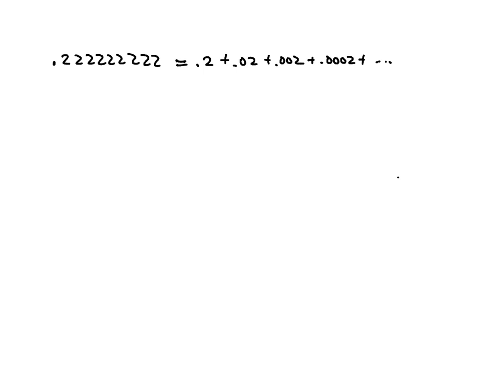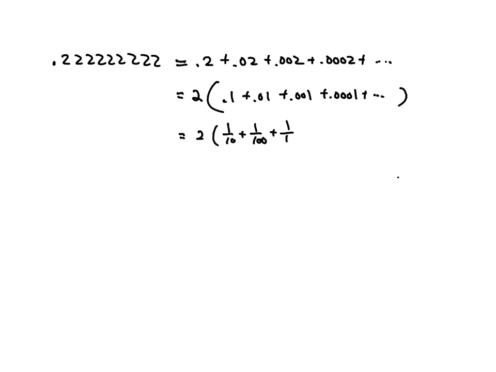Right? And notice we can factor a 2 out of it: 0.1 plus 0.01 plus 0.001 plus 0.0001 plus, and so on. And notice that this is the same as 1 over 10 plus 1 over 100 plus 1 over 1,000 plus 1 over 10,000 and so on.